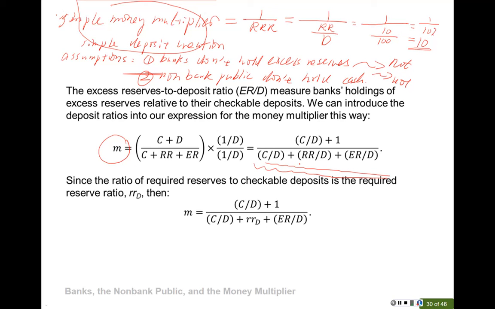The money multiplier equals C over D, the dollar amount of currency over the dollar amount of deposits. That's what we call the currency ratio.